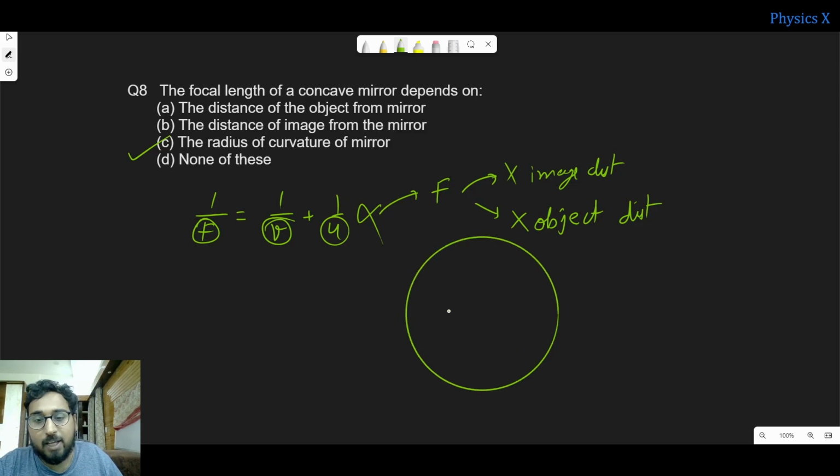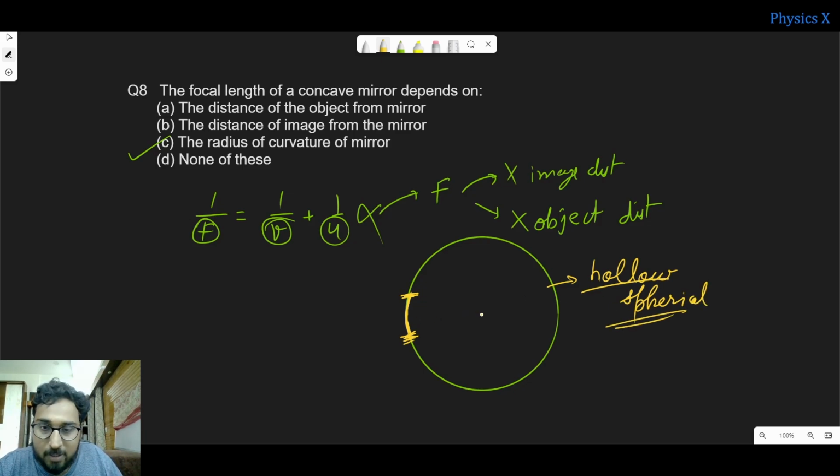So if you take a sphere and take a part of it, once you are making this mirror, whether it be a convex mirror or concave mirror, first of all, you cut it from a hollow spherical surface. From this hollow sphere you will be cutting this, and for that sphere, the radius of curvature will be fixed. This is your radius of curvature.